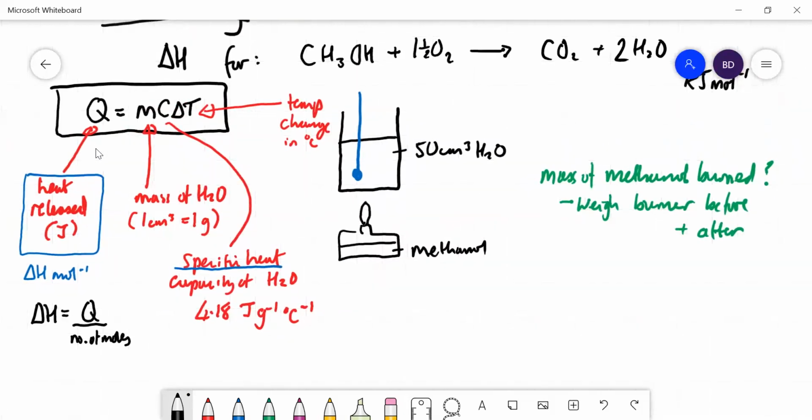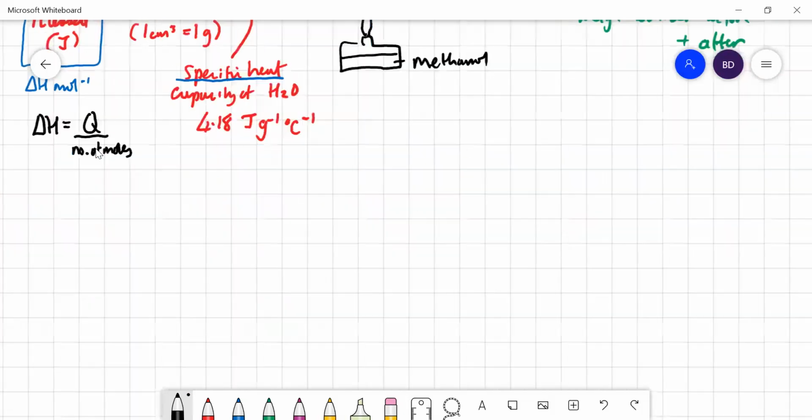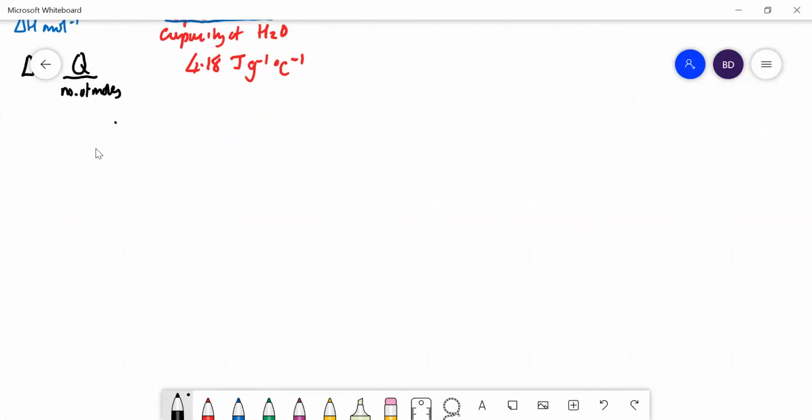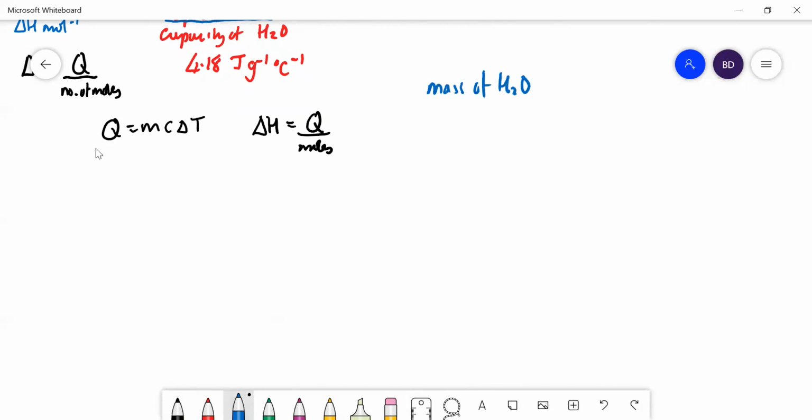If I roll this down a little bit, I'll write the equations down so we can see them again. Don't forget Q is equal to MC delta T, and also delta H is equal to Q over moles. Now, the mass of the water in the flask was 50 grams.